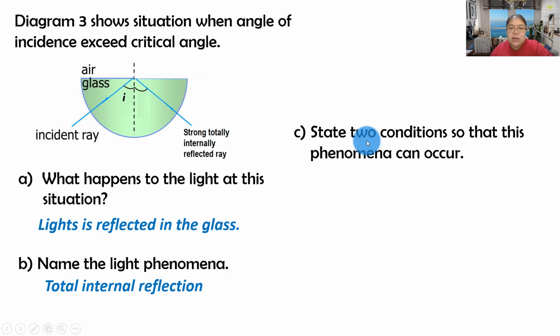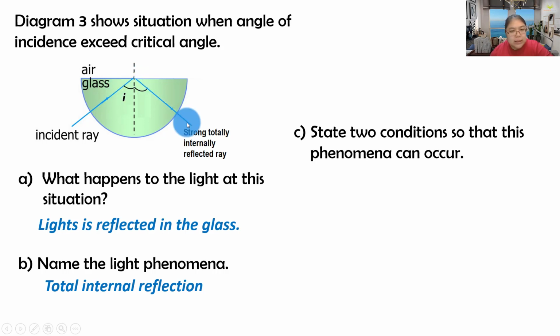Okay, now we need to state the two conditions for total internal reflection to happen. These two you must remember and also memorize. First one, the ray must travel from the denser to the less dense medium. Number two, your incident angle must be more than the critical angle.